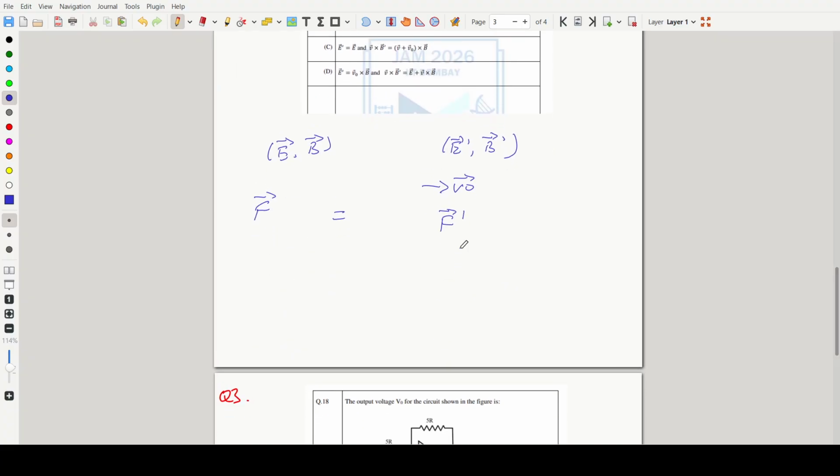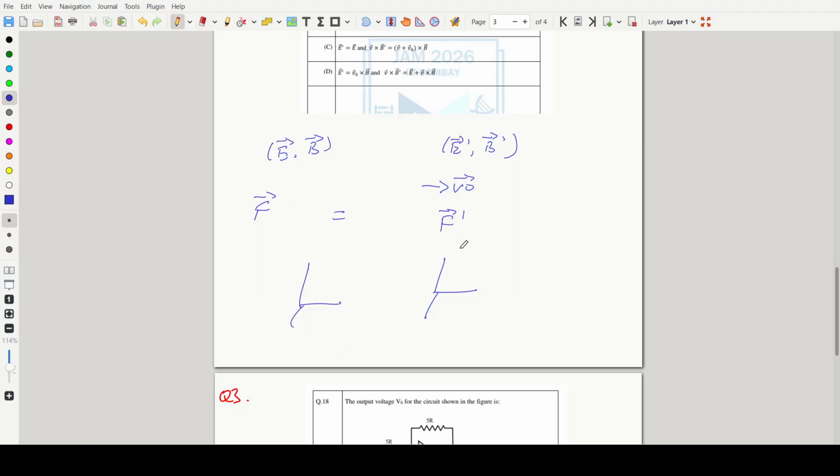Okay, so it's very simple. Let me draw two frames here. Let this be the moving frame, and let me draw a vector diagram to better illustrate this.